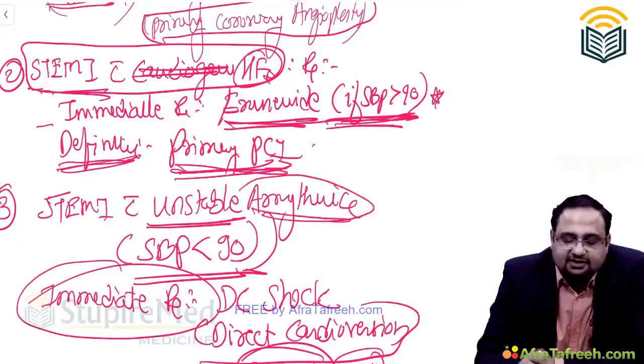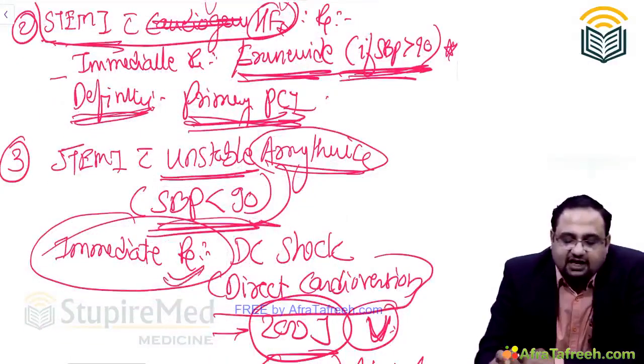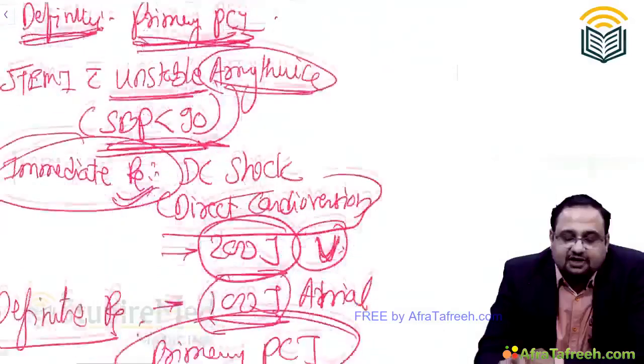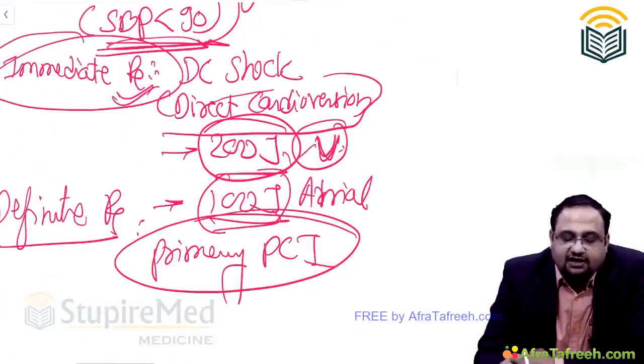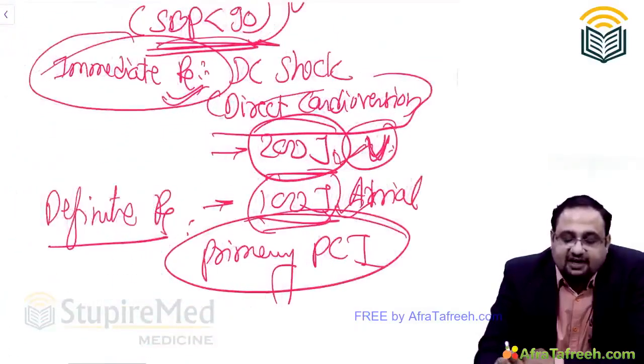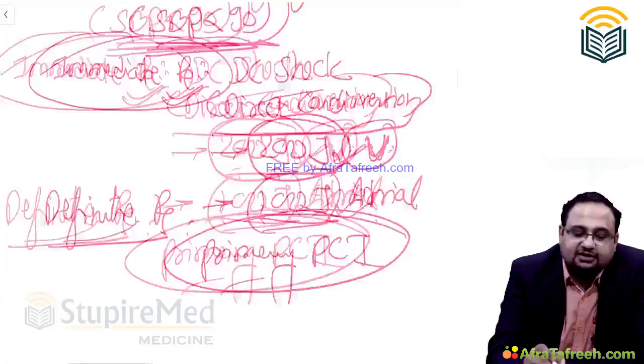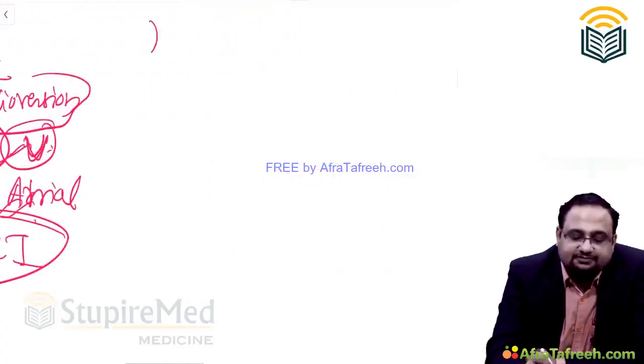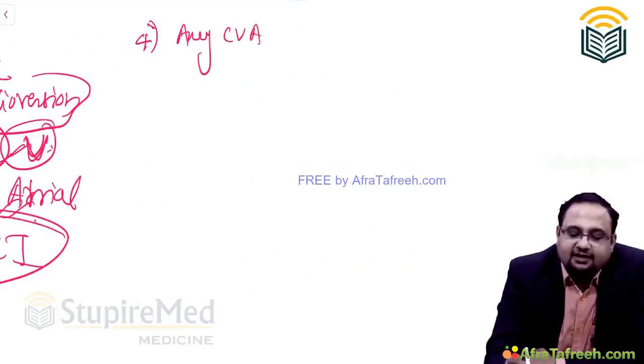If unstable arrhythmia is present with systolic BP less than 90, the immediate treatment is DC shock. Direct cardioversion has to be given, either 200 joules or 100 joules. If it is atrial or ventricular, 200 joules, but the definitive treatment is primary PCI. Apart from this, we have studied any hemorrhage, any cerebrovascular bleed is again a contraindication for thrombolysis.